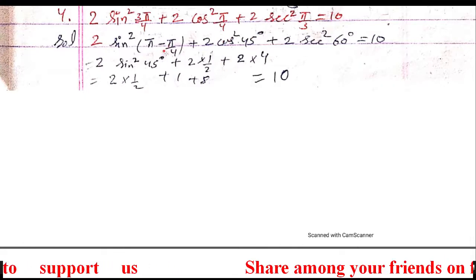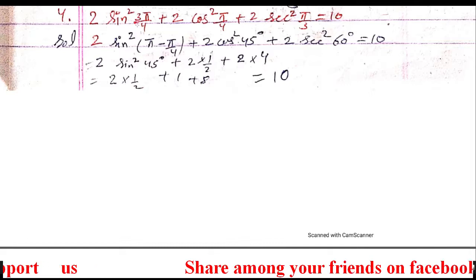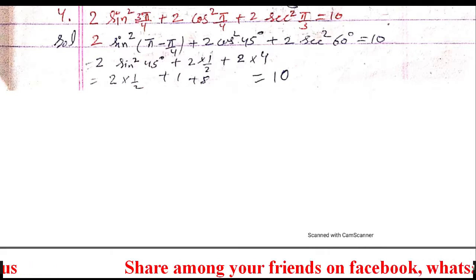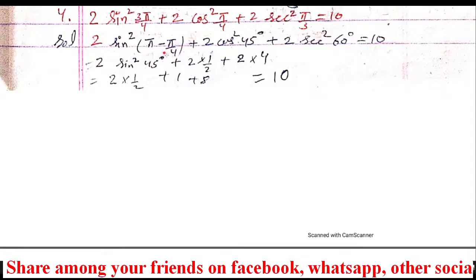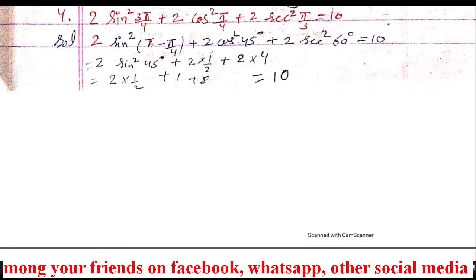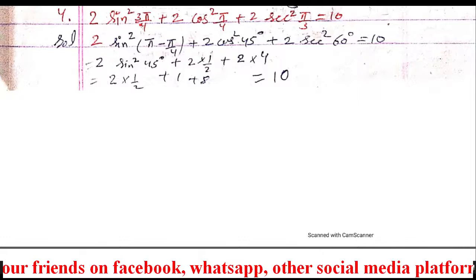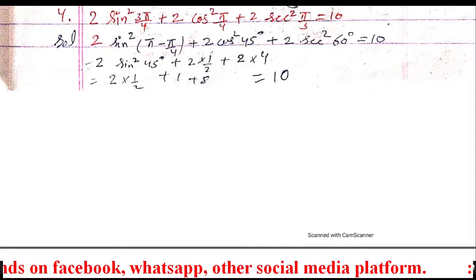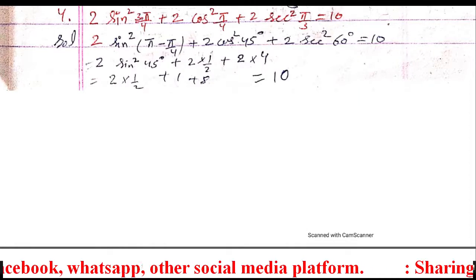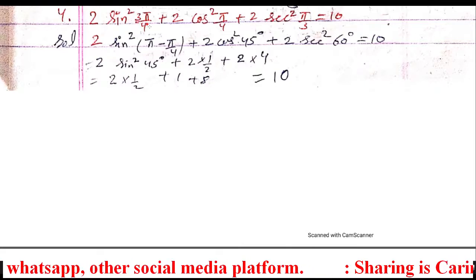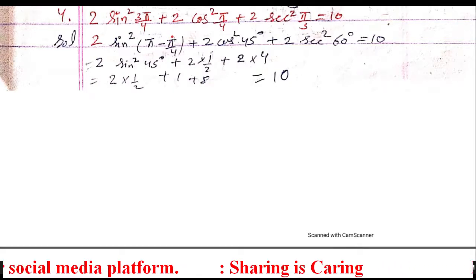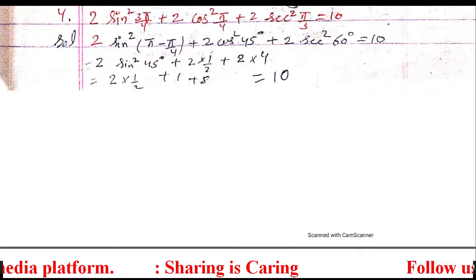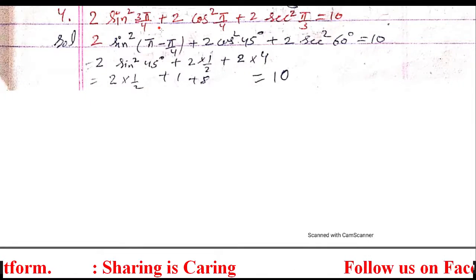So students, first, we have 3 pi upon 4. This 3 pi upon 4 we can write as pi minus pi upon 4, because students, 3 pi upon 4 directly we don't know the value. That's why we have to convert it in the form of either pi upon 4, pi upon 3 or pi by 2, because from 10th class we had learned one trigonometry table.